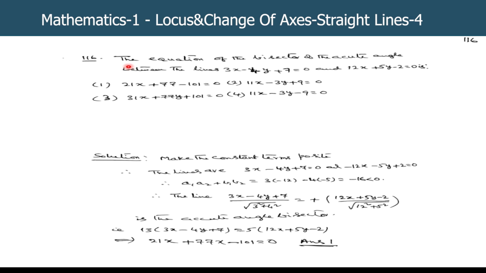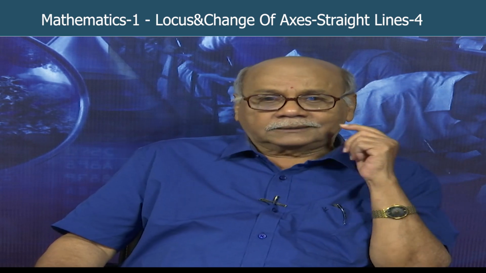Now, could you understand? This is another method. In both equations, make c1 and c2 always positive. If they are positive, well and good. If both are negative, multiply the equations by minus sign. If one is positive and the other is negative, you multiply the negative constant term equation by minus sign.